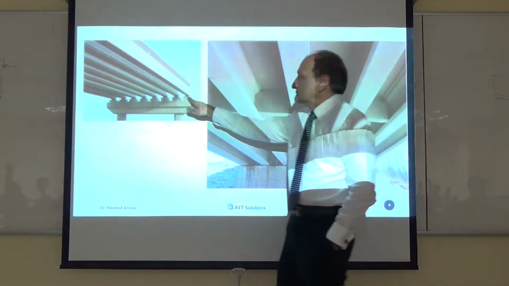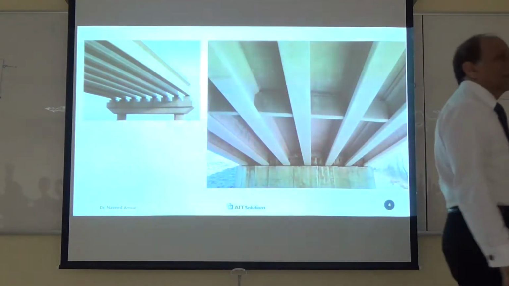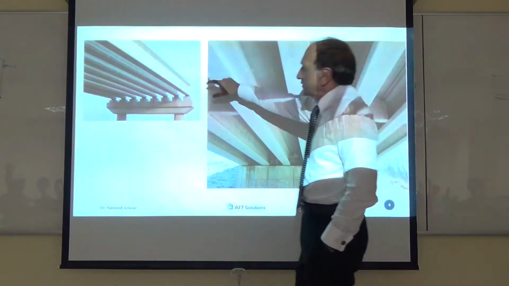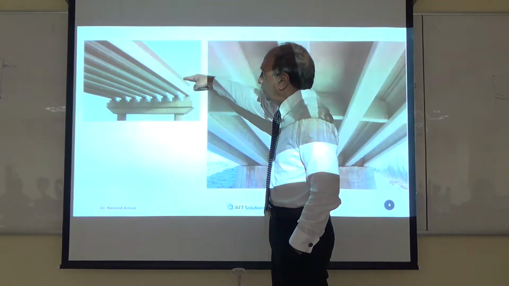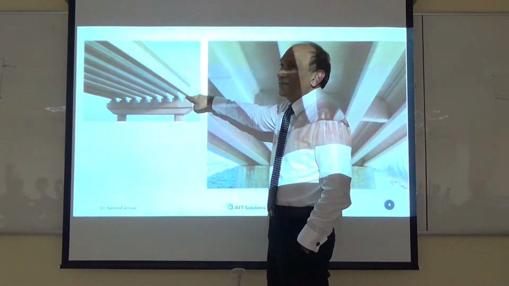However, this bearing and other connections, they behave in a different way. And also the depth of the girder is an interesting thing, because dead load and wheel load is applied on the top, but the reaction is here.